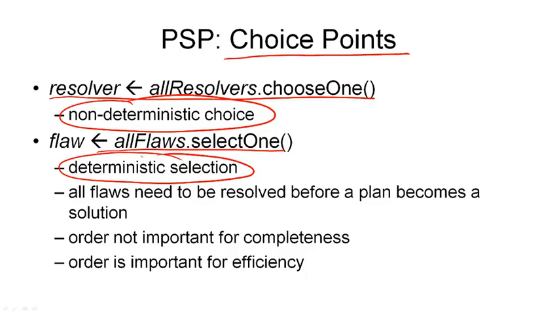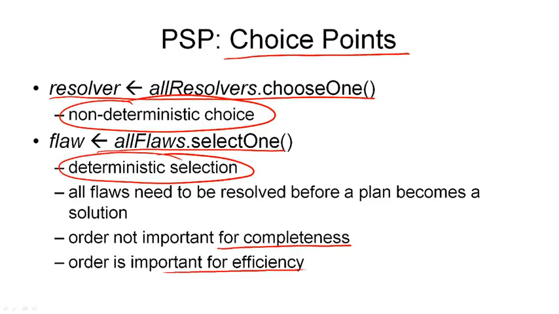But the order in which we do this is not important. Since flaws don't usually interfere with each other, we can deal with one flaw after another, and whichever flaw we choose first does not prevent another flaw from being resolved. So the order in which we choose the flaws is not important, at least not for completeness. Our algorithm will still work in whichever order we choose the flaws.